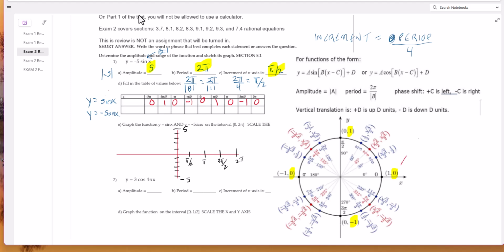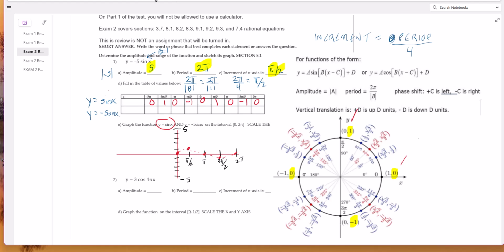Sine of 0 is 0, sine of pi over 2 is 1, and so forth. So you cycle through these 5 key points, and then that will be the graph of y equals sine x. Okay, so we've got that. And again, it's real helpful if you get this memorized so that you don't have to spend time looking at values on a unit circle.